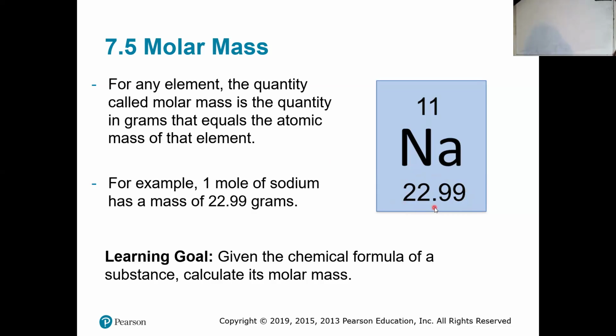Another way that we can use these numbers on the periodic table is we can say that these values represent the grams of that particular element in 1 mole of that element's atoms. What that is going to give us is an alternate set of units that we can use that relate the mass of an element to the number of moles of that element.